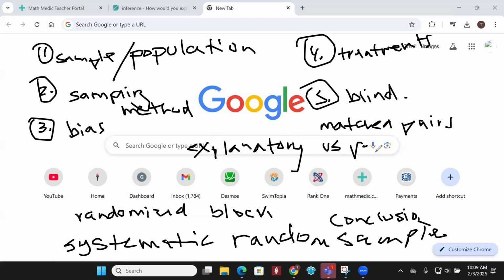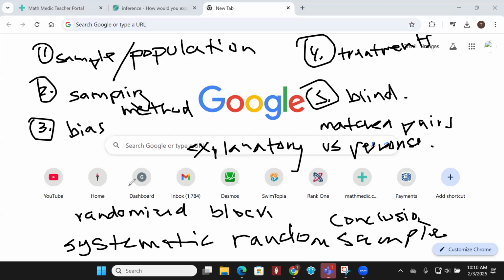And also, is this an observational study versus an experiment? What are confounding variables? And then there's one question about statistical significance.